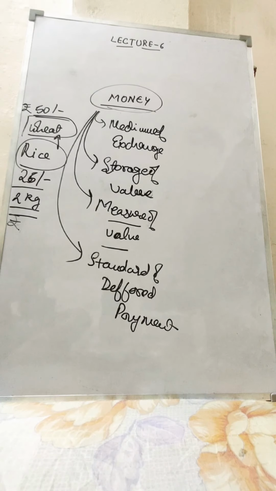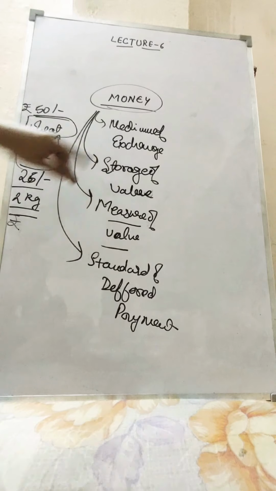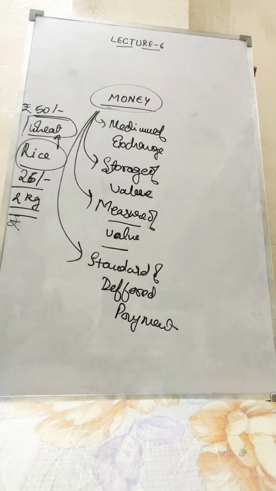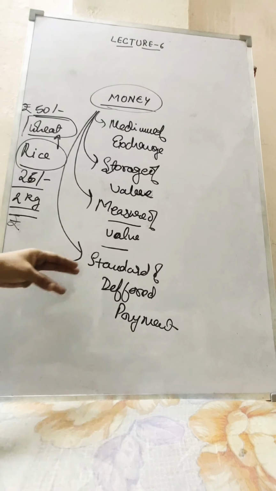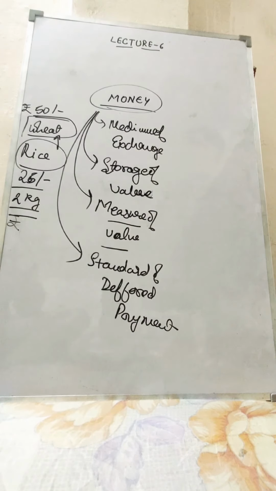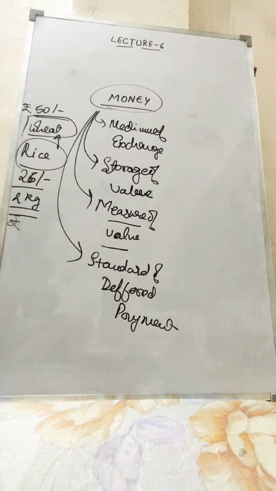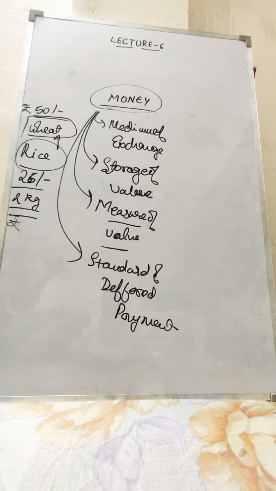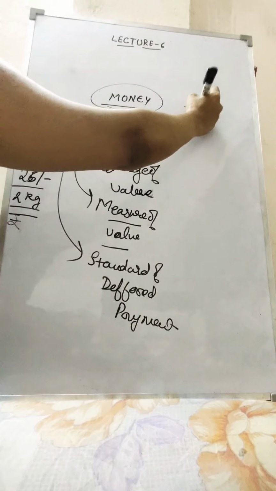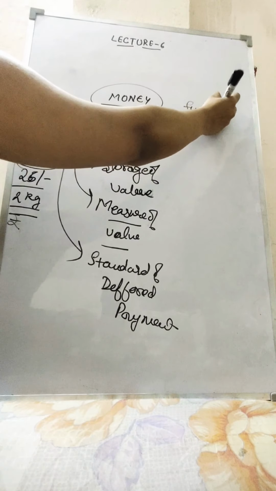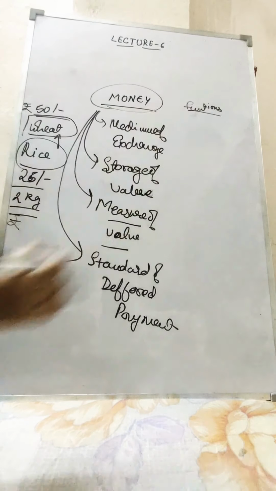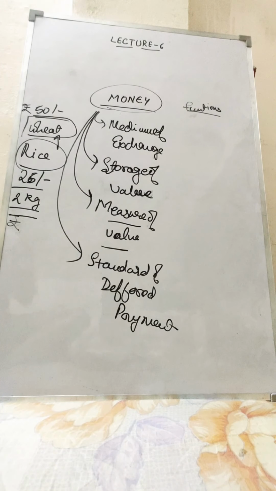So we can say that money is anything that can be accepted as a medium of exchange, or helps us in storage of value, is a great measure of value, and of course helps us as a standard of deferred payment. With this, again we can say that money has four functions. Two of them are primary and two of them are secondary.